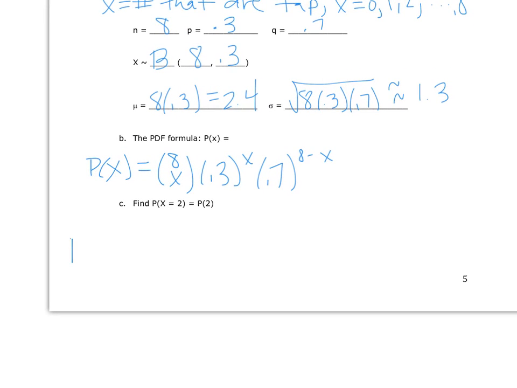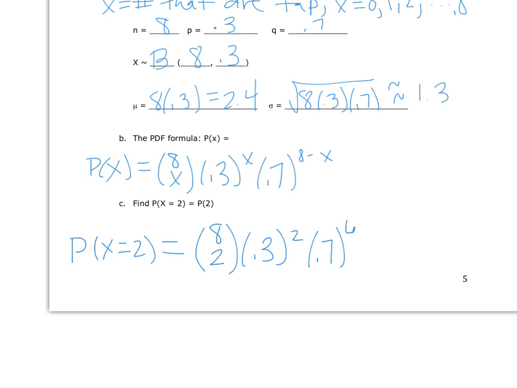The probability that x is equal to 2, or we can just say probability of 2. We go through and replace x with a 2, so this is going to be that combination of choosing 2 from 8, and then 0.3 squared, and then 0.7 to the 8 minus 2, so 6.